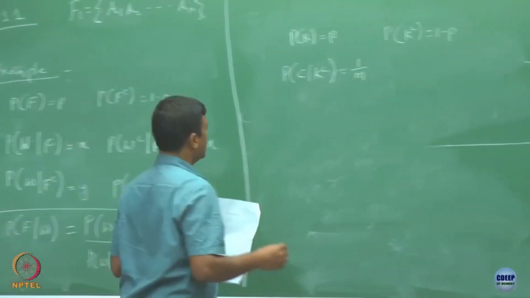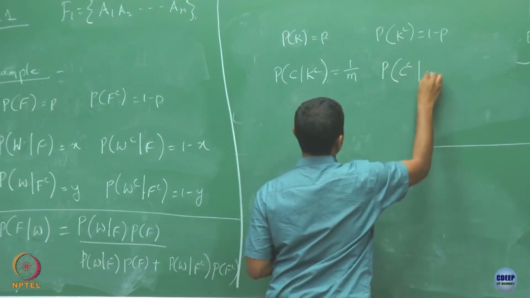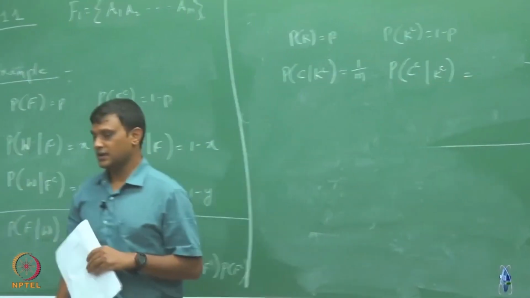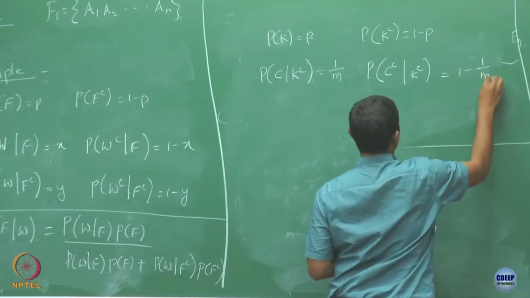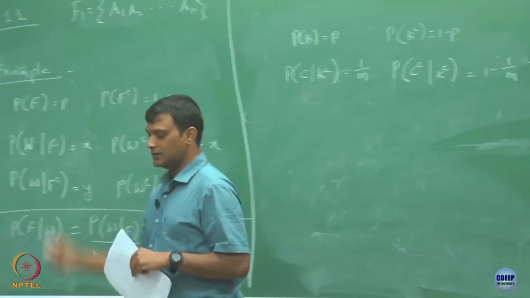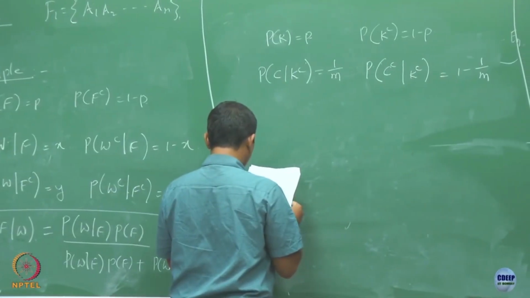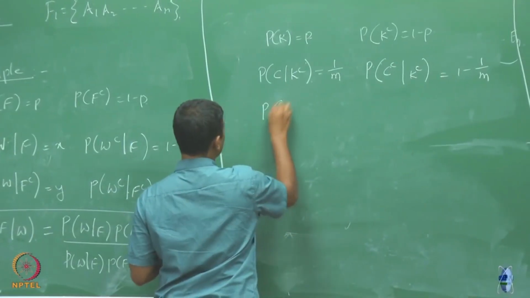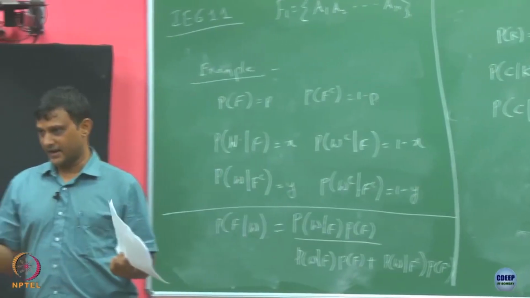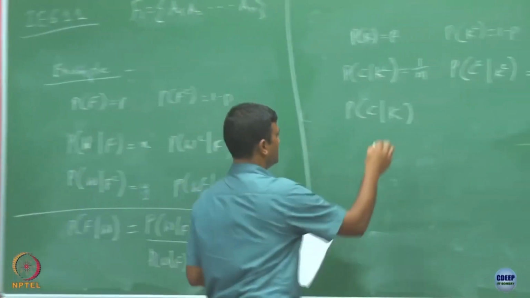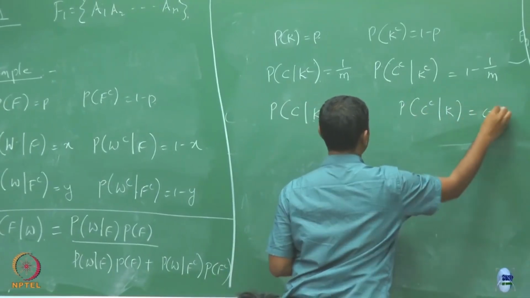Then the probability that you guess wrong, when you do not know the answer, is 1 minus 1 by m. And when you know the answer you are always going to get the correct one. Let us say that probability is 1, and the probability of the complement is going to be 0.